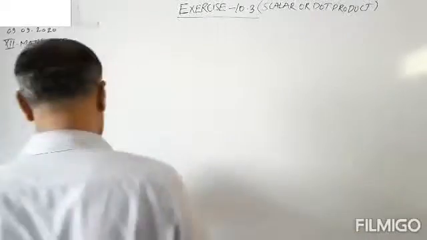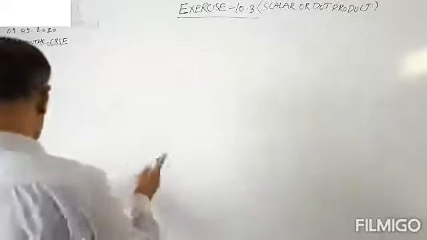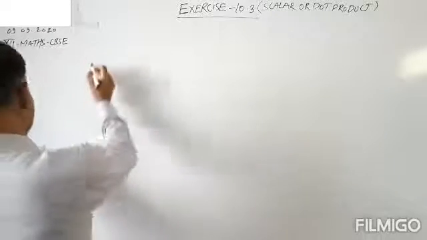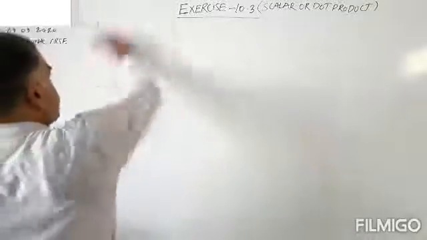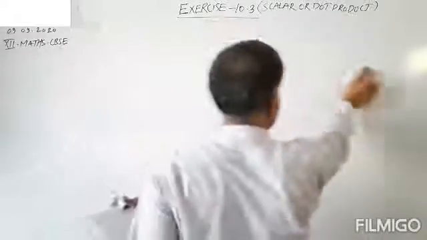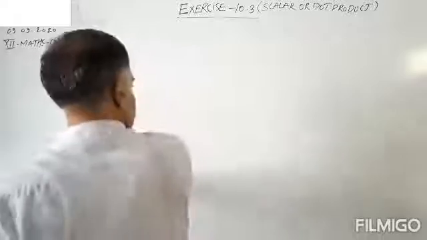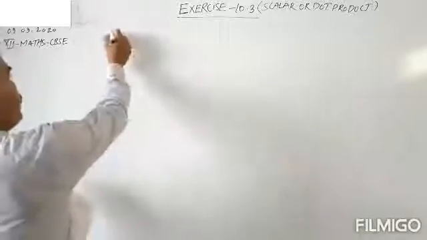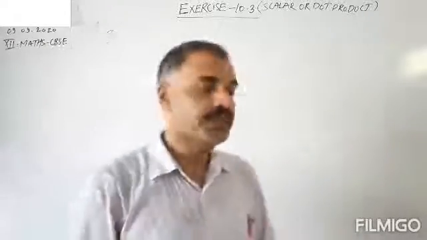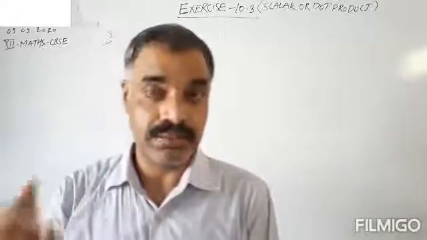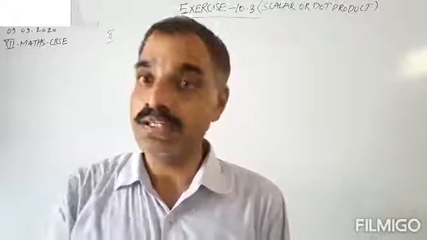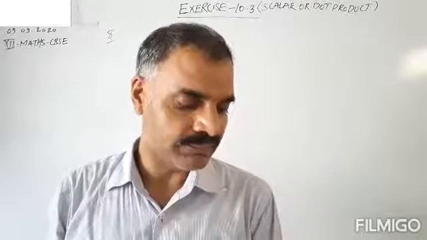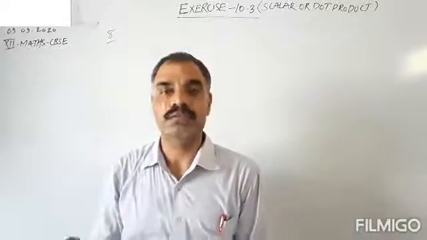We are taking question number 8. Question number 8 is: find the magnitude of two vectors A vector and B vector having the same magnitude, such that the angle between them is 60 degrees and their scalar product is 1/2.